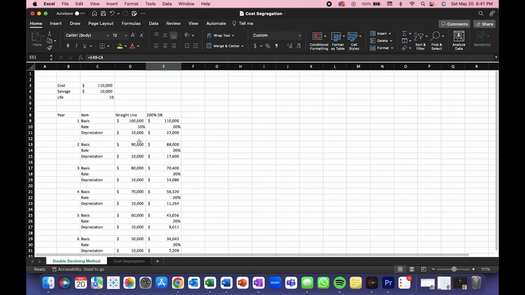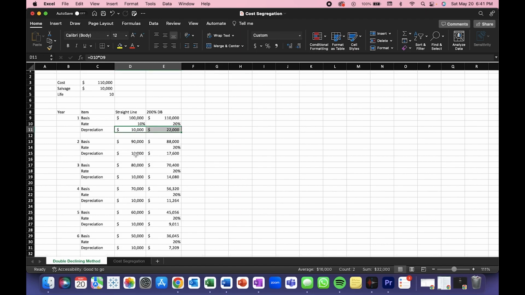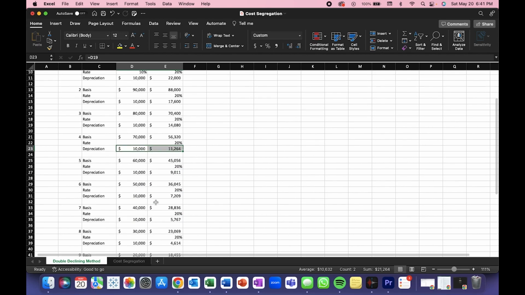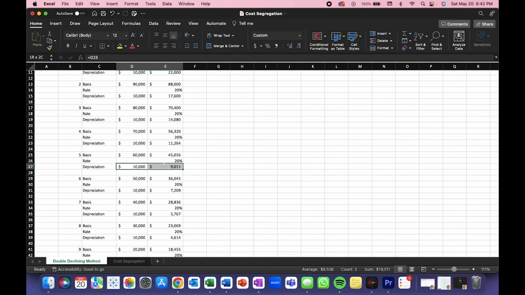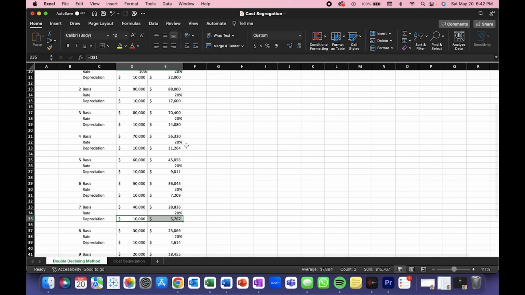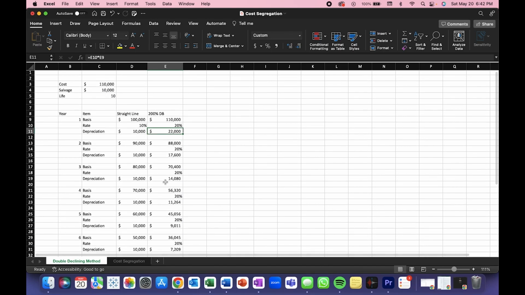Now, as you can see, you're really just front loading the depreciation to get those much higher expenses in the early years. But as you go on in year 5, you can see that you're actually capturing less of an expense. However, you can utilize this additional cash flow in the short term to generate other cash flows from other investments to further minimize your tax liability as time goes on.